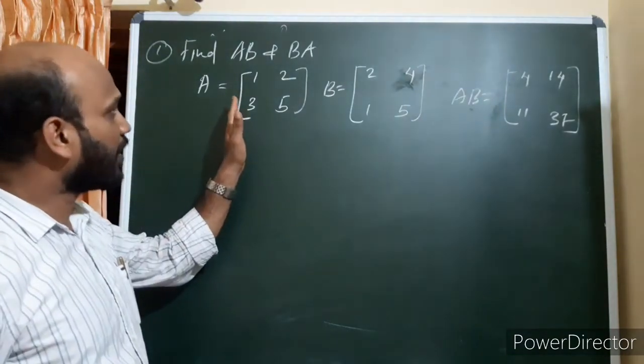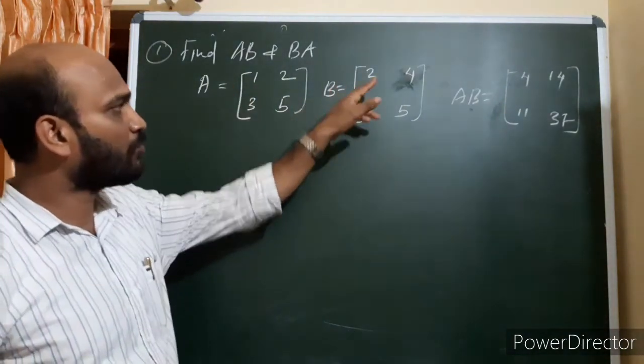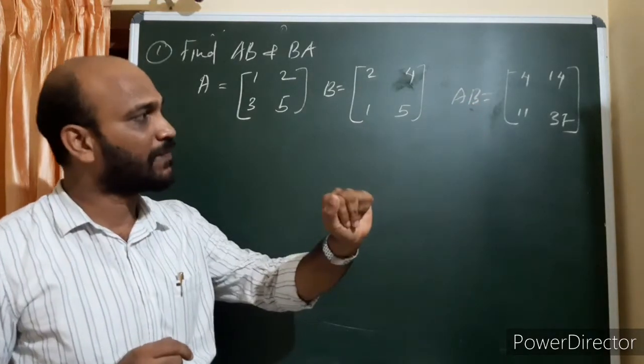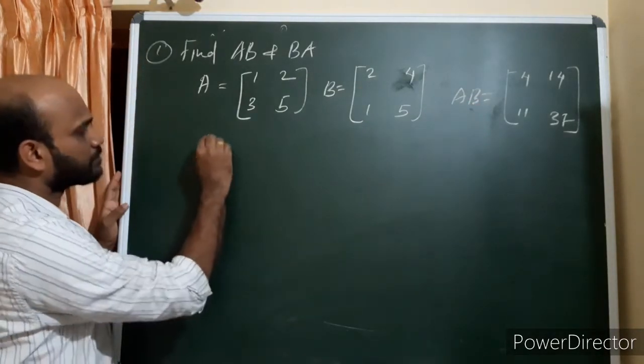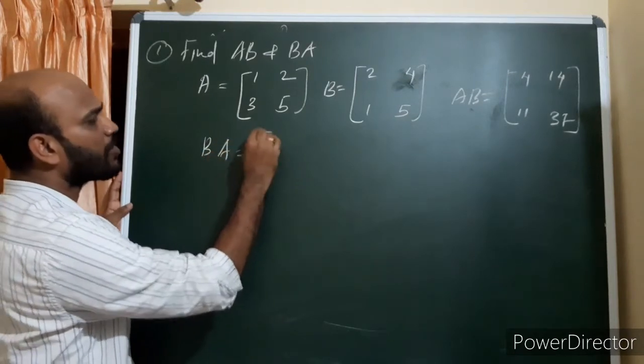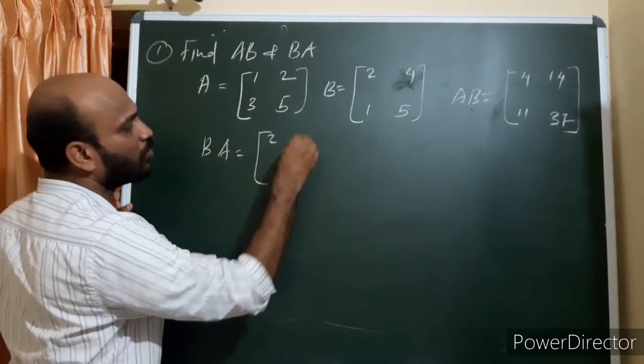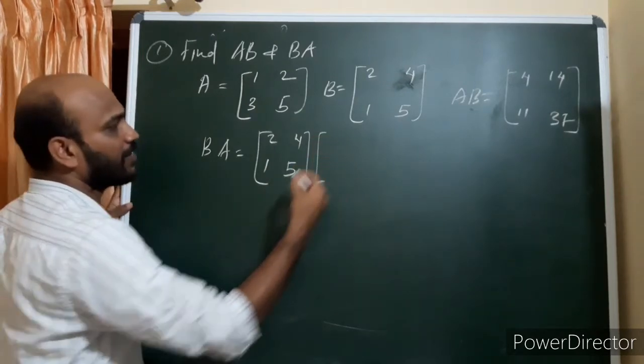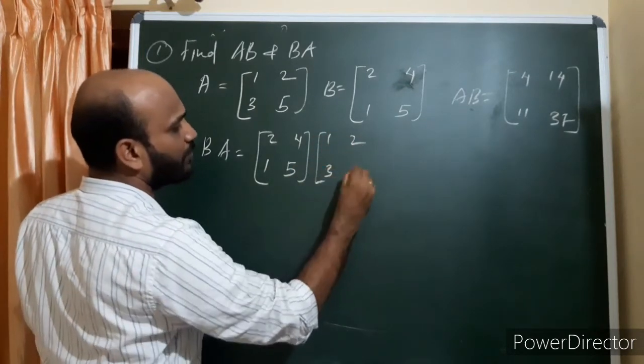So the question: A is 1, 2, 3, 5, B is 2, 4, 1, 5, and AB we got 4, 14, 11, 37. Now BA. For finding BA, first you have to write B, that is 2, 4, 1, 5, and A second, 1, 2, 3, 5.